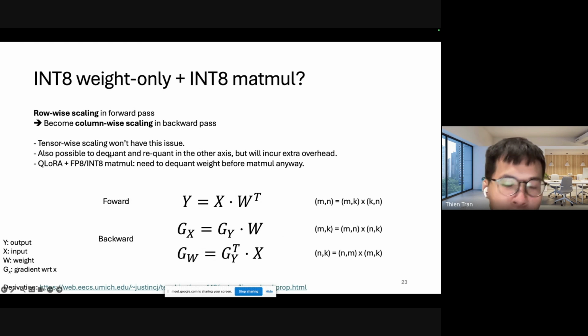Of course we can just dequantize and quantize it again, but this adds extra overhead. Oh right, one interesting idea from here is that we can also use int8 matmul, let's call it dynamic int8 matmul, in other scenarios, for example QLoRA.